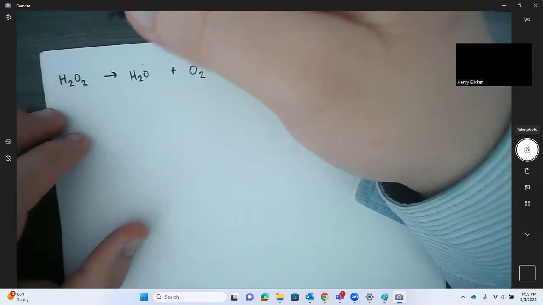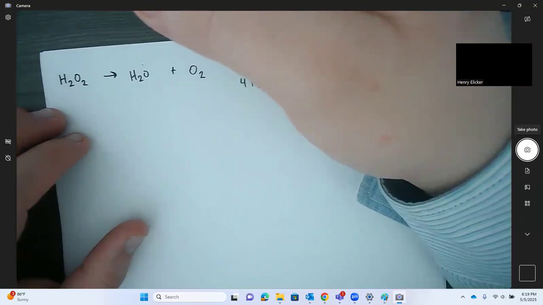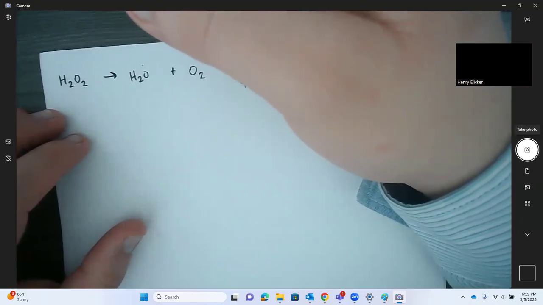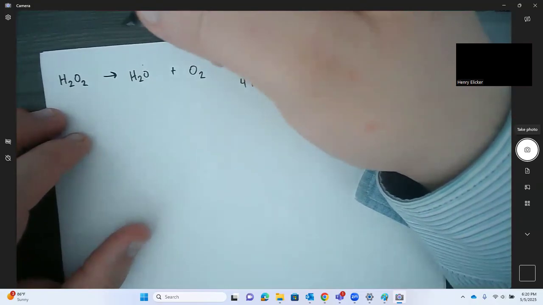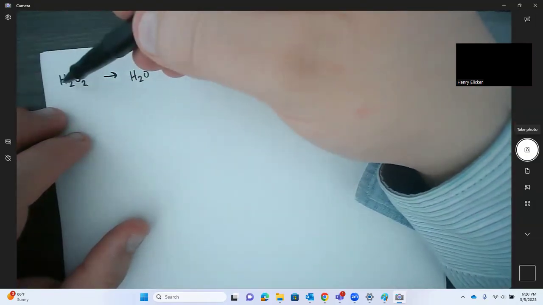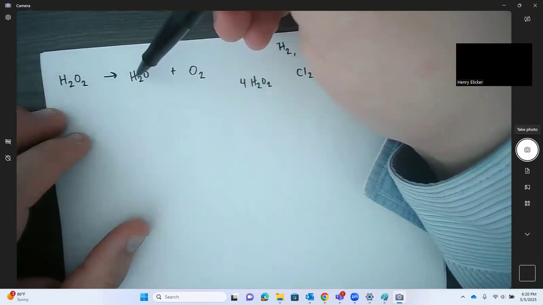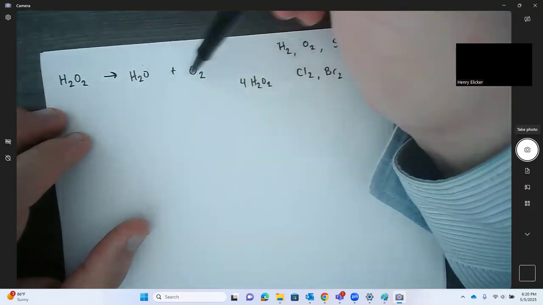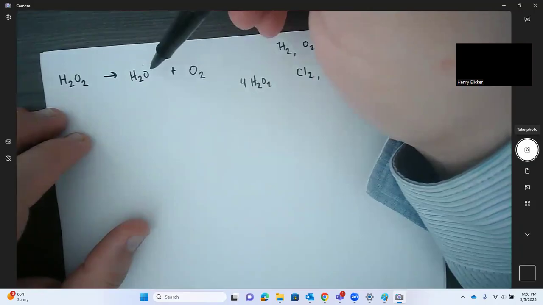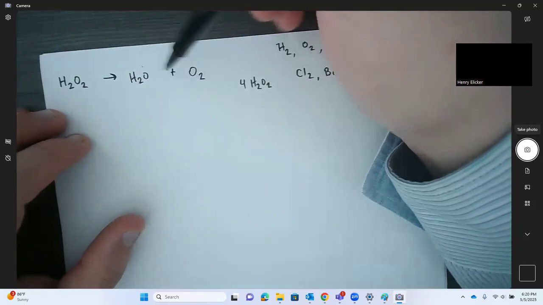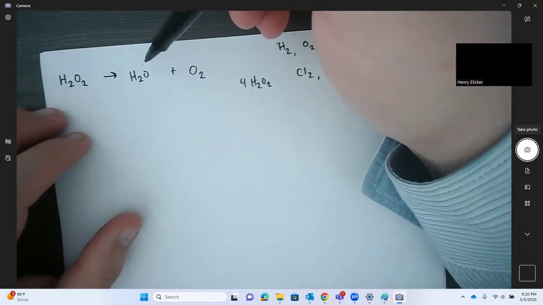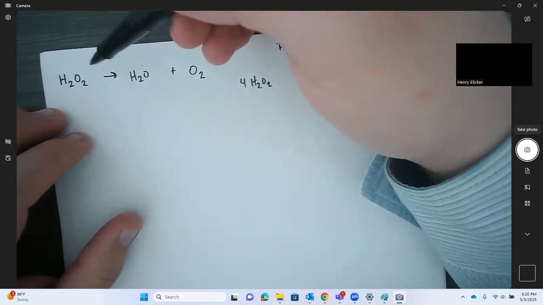So the way you kind of do it is you look for the thing that's unbalanced first, and then start with that. So for instance, H2 is on the left side, good. H2 on the right side, good. But we have O2 here, and we have 1, 2, 3 on this side. So the problem is you can't really change one of these things without affecting the other, right?